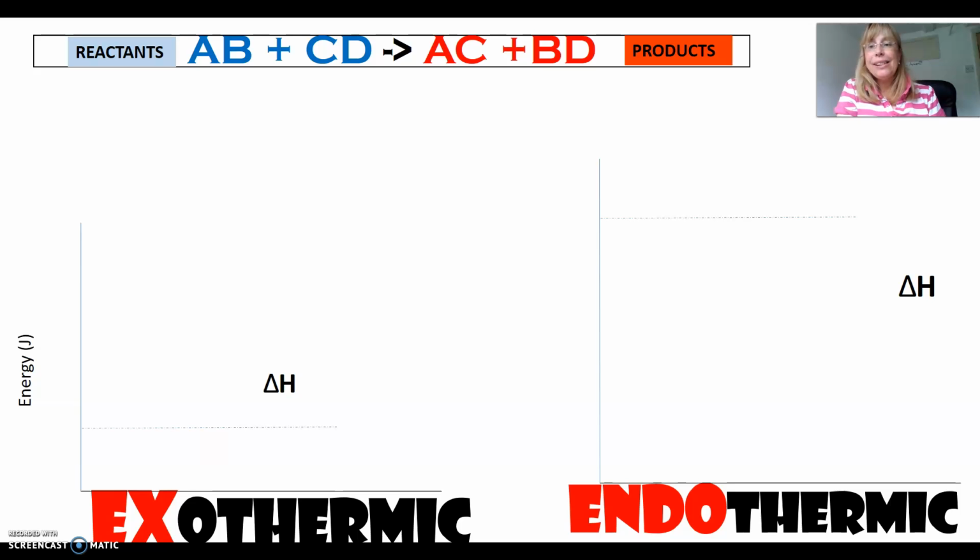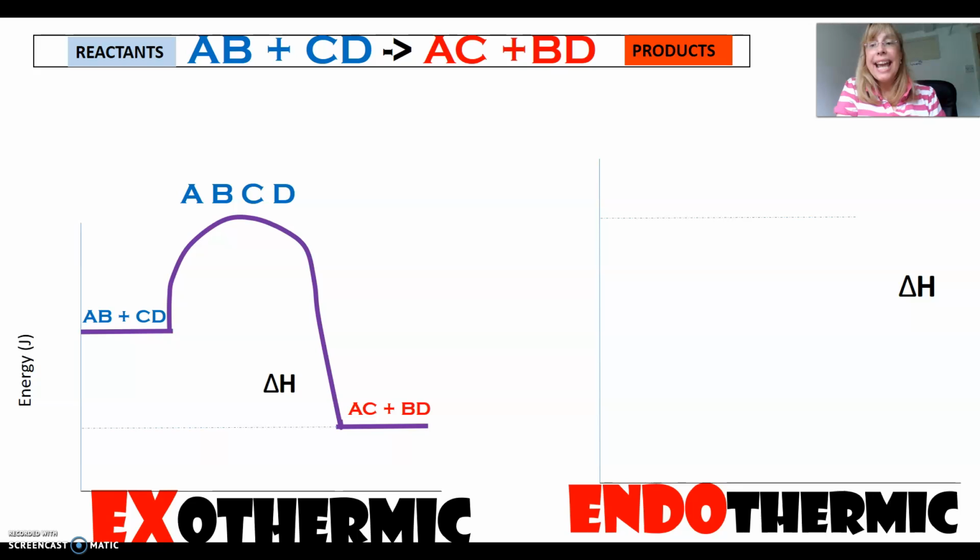So in this reaction, I've got my reactants and my products. And in an exothermic reaction, the reactants ultimately have more energy than the products that are formed during this reaction. Remember the activation energy to get the reaction started. It is the change in energy during the equation that we are focusing on.